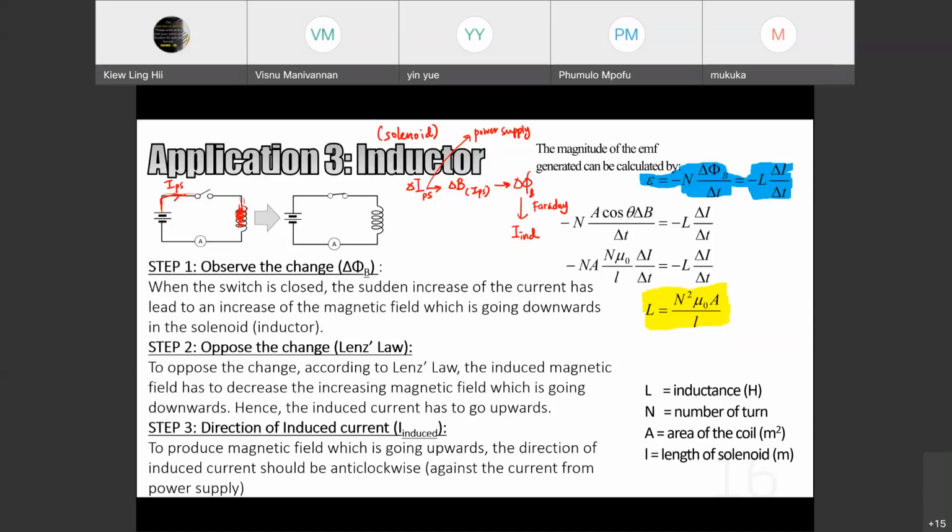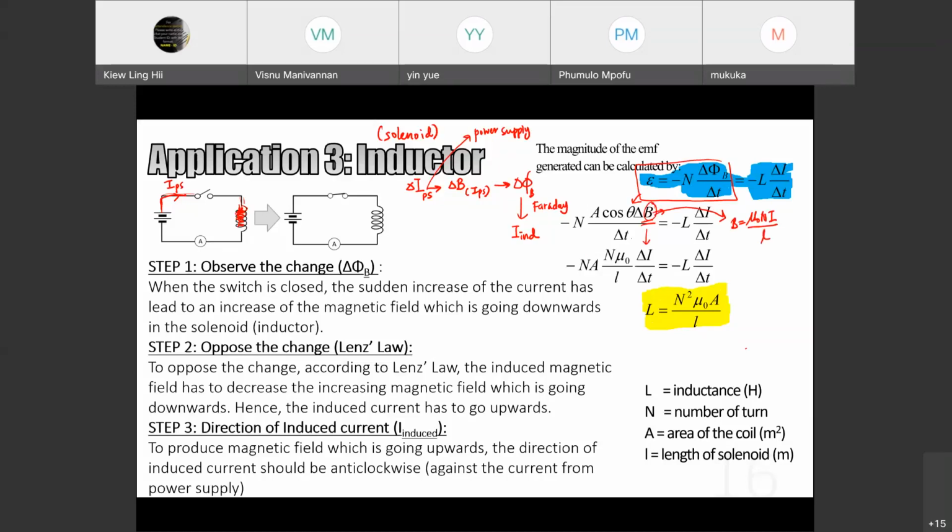So that's why in your derivation from Faraday's law, the factor of change here is actually the magnetic field, and the change in magnetic field is because of your current. Since this is a solenoid, your formula for magnetic field will be the formula for the solenoid: mu naught N i divided by the length of the solenoid. So this is how we derive our equation.